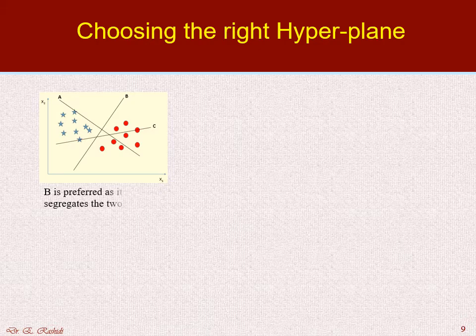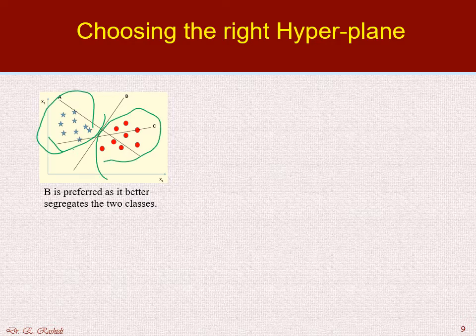Well, the answer is B. And I think that's kind of obvious because it better segregates the two classes. Other than that, it also has a larger margin because the distance between the two classes and the hyperplane is larger than for hyperplane A and hyperplane C. Also, if you look at hyperplane A and C, you see that we have misclassification error.